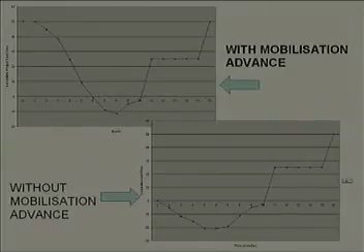Whereas, for the second case, when the owners have not given you mobilization advance, what do you find? You find that for almost the total duration of the project, the negative area extends up to month 10. That means, for the entire project duration, you are facing a liquidity problem.